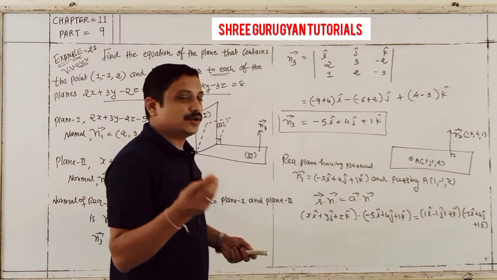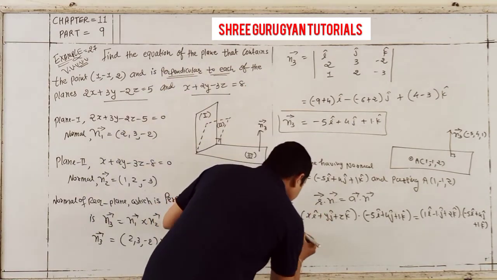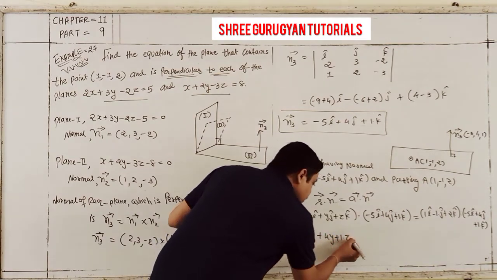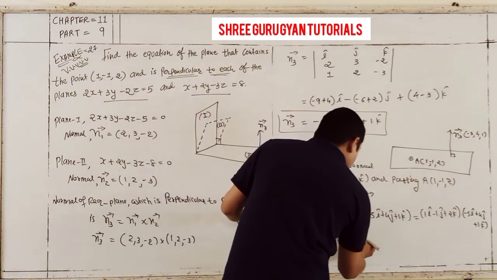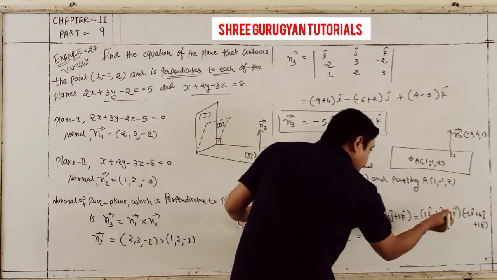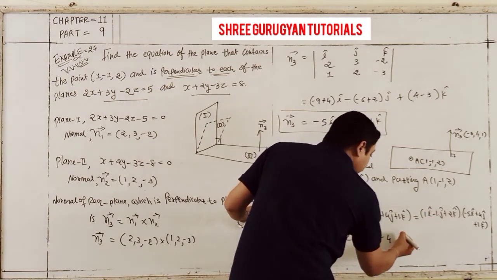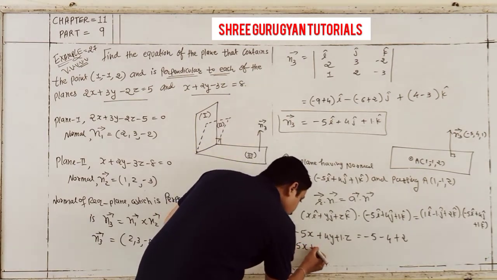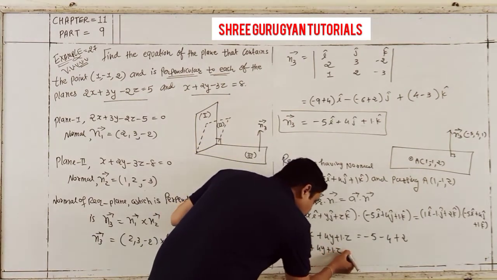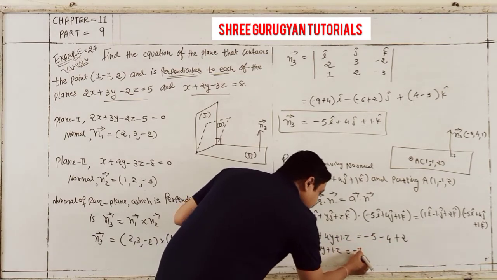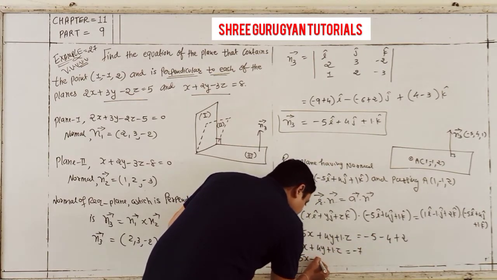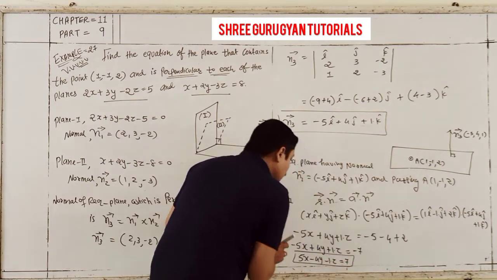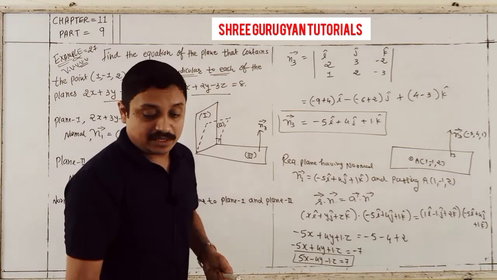Apply the simple dot product: minus 5x plus 4y plus 1z, and on the right side similarly minus 5, next minus 4 and plus 2. So minus 5x plus 4y plus 1z is equal to minus 9 plus 2, minus 7. So my plane is ready: 5x minus 4y minus 1z is equal to 7. And here, students, this important numerical is done.